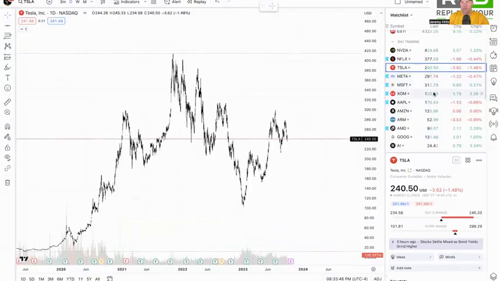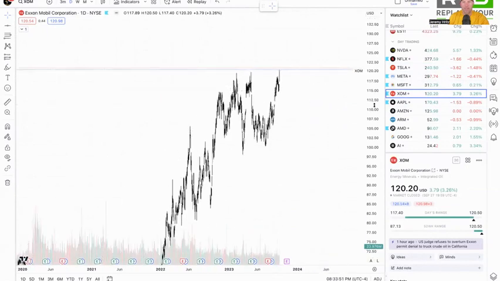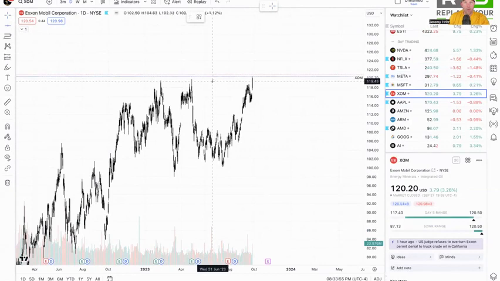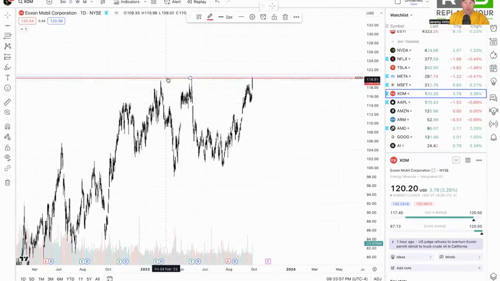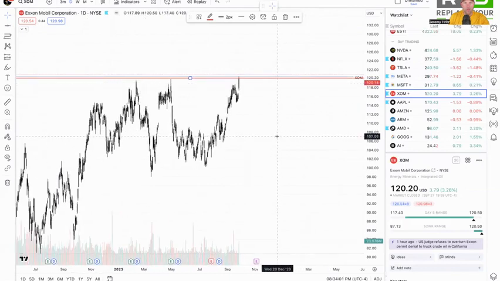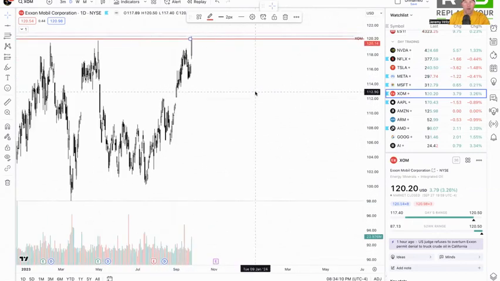But let's look at ExxonMobil today. Real fast, let's test your knowledge. What would we call this area here on ExxonMobil? Resistance, right? And here's the thing. We just hit into this resistance today. We actually broke above it.